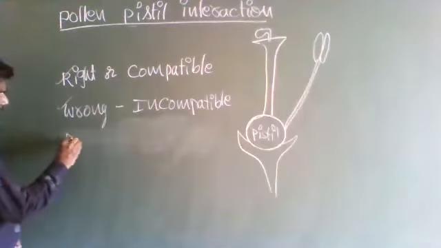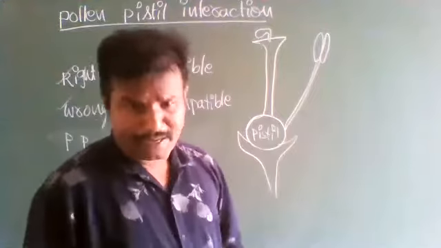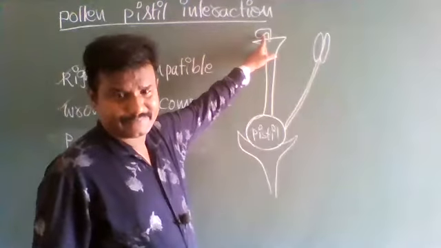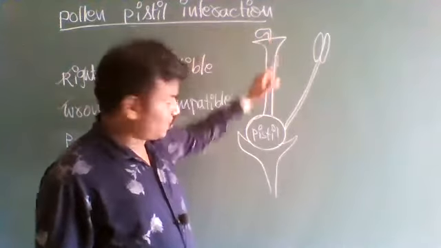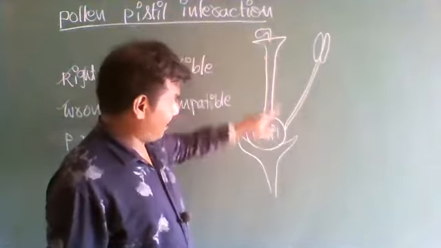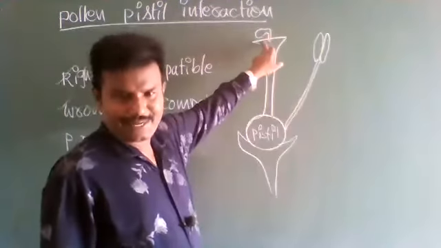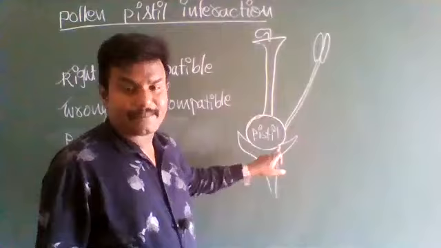Pollen-pistil interaction depends upon the chemical components of the pollen grains. It is mainly due to the chemical composition of the pollen grains. These chemicals are examined by the pistil.